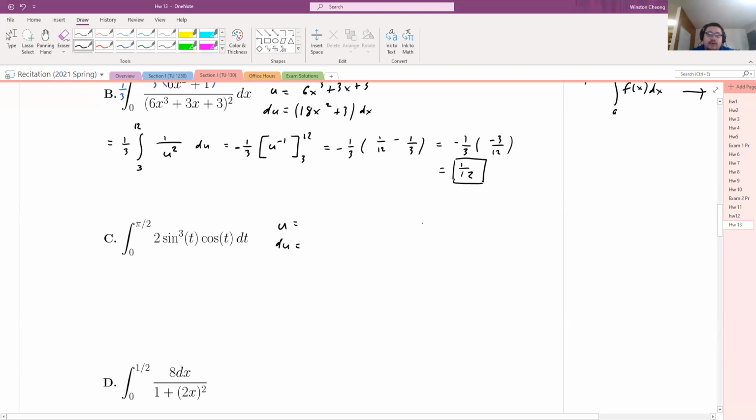Keep in mind that whatever you pick to be your u, you also need to keep track of what the derivative is going to become. And you would hope that that also is something that gets absorbed, or that shows up in the function to be absorbed. I don't know if this one is tricky or not.